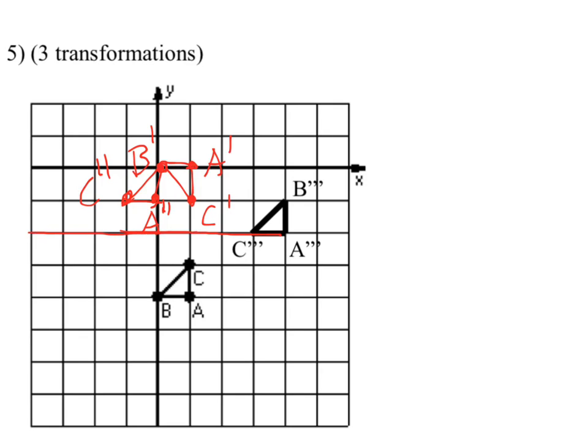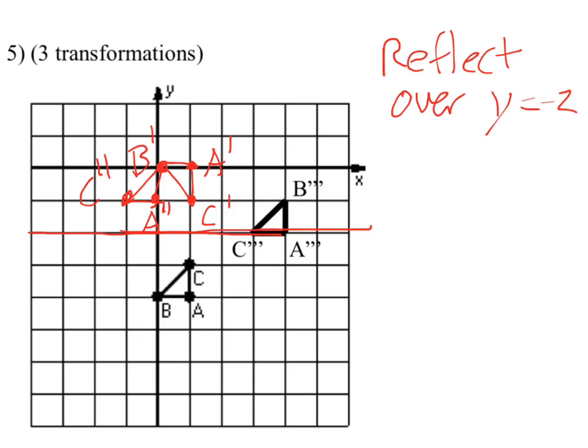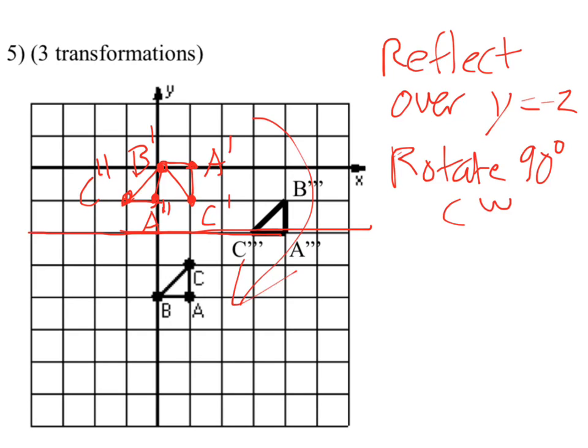So let me delineate these steps here. I'm going to reflect over the line first. That's the line y equals -2. And then I'm going to do a 90-degree rotation. Rotate 90 degrees clockwise, like a clock.